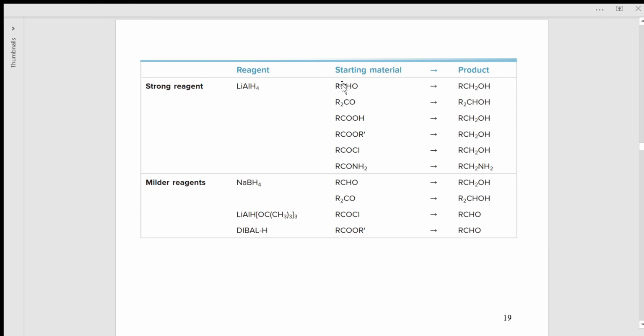It would be hard for me to ask you to remember everything in this table. My focus is always to fully understand the real mechanism of organic reactions. That's real learning. That's real education in my view. But again, you are here to learn organic chemistry.